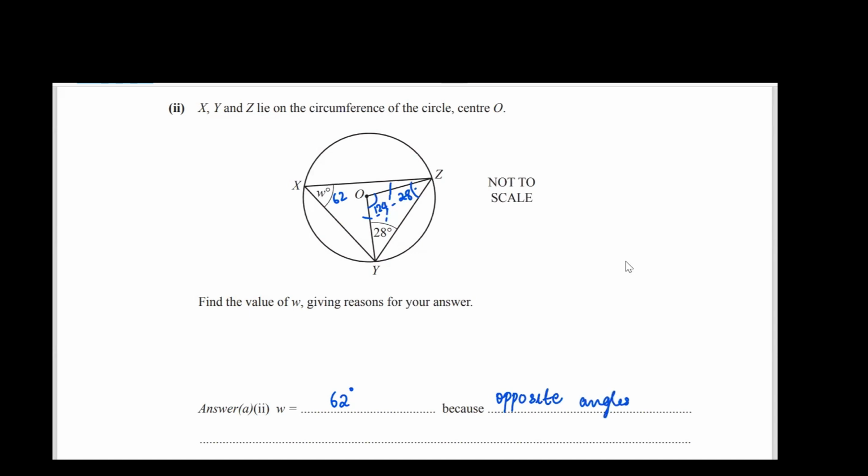The reason is that opposite angles of an isosceles triangle are equal.